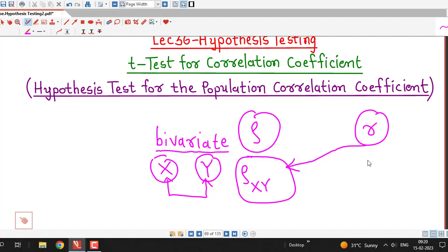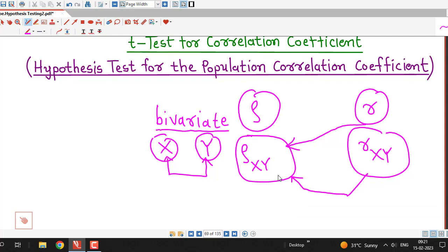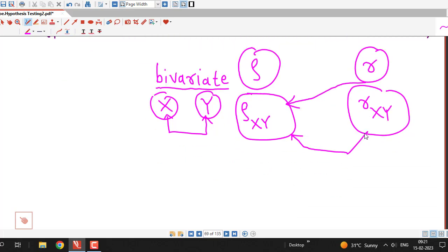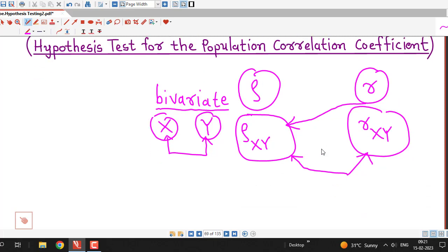We can take a sample from the bivariate population, calculate the sample correlation coefficient, and from this take the estimate for the population correlation coefficient. We have discussed in the lectures of basic statistics how to calculate the sample correlation coefficient. If you are not familiar with correlation coefficients, you can watch my lectures on them.